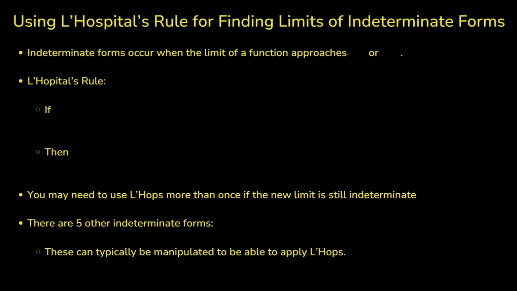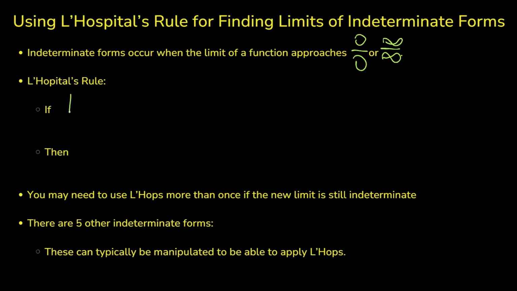And finally, we talked about L'Hopital's rule for finding limits of indeterminate forms. Now, indeterminate forms are when the limit of a function approaches either 0 over 0 or infinity over infinity. L'Hopital's rule is kind of an if-then statement.